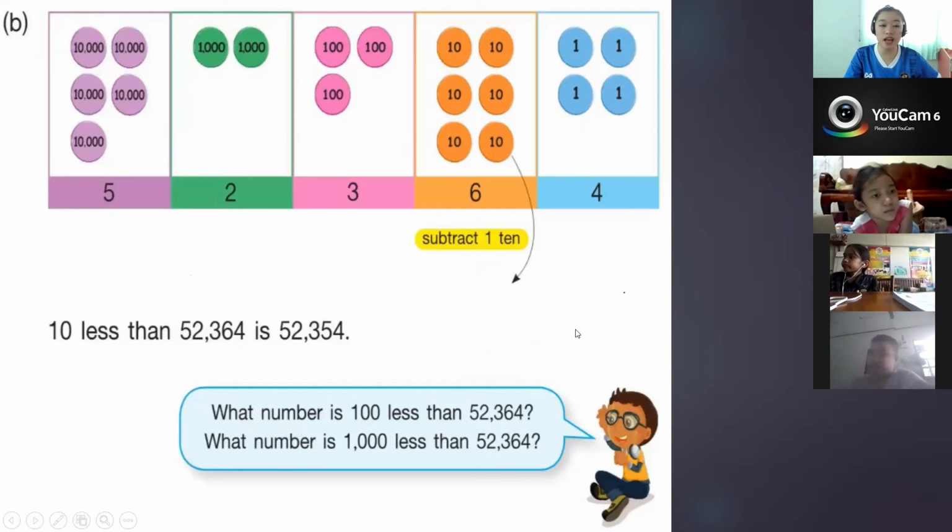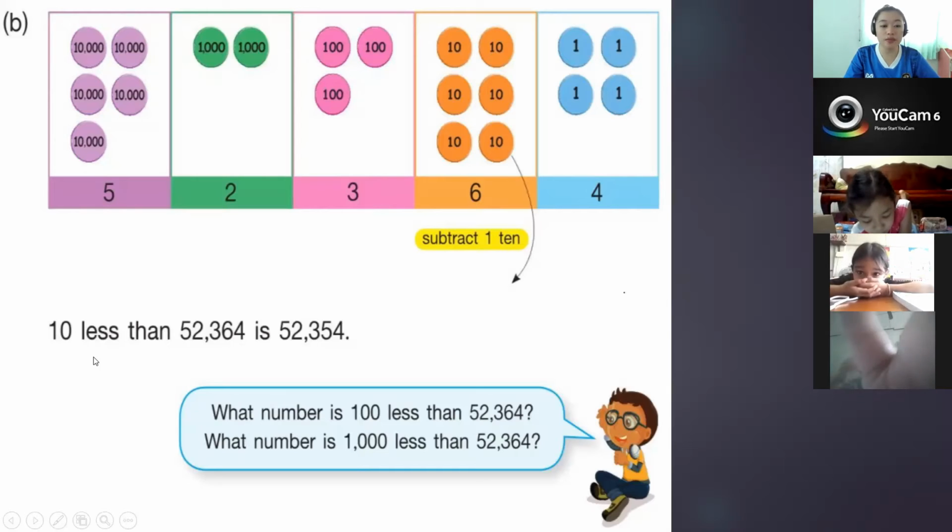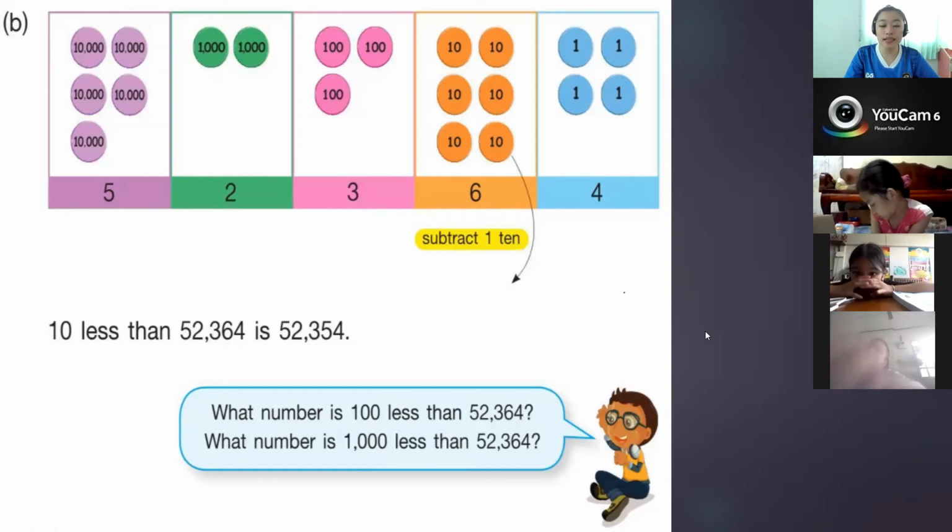Okay, so let's proceed to letter B. This will be the last part of our discussion. We have the place values, 4, 6, 3, 2, and 5: 52,364. Okay, so we have here 10 less than 52,364 is equal to 52,354.